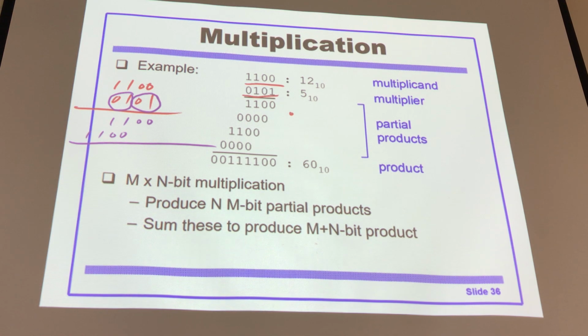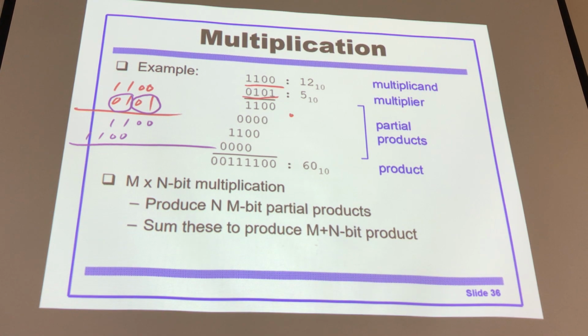But this supposes that we are able to do the multiplication by looking at 2 bits at a time. And with 2 bits, there are 4 possible values: 00, 01, 10, and 11. Each time 2 bits.